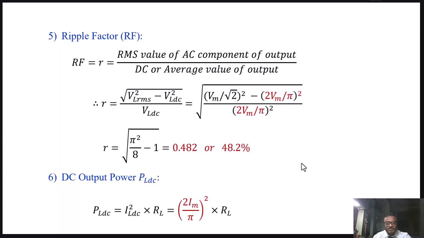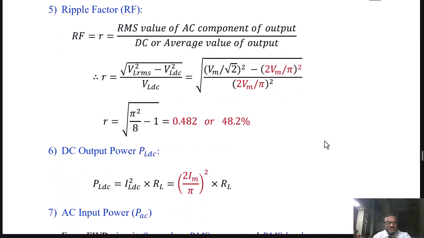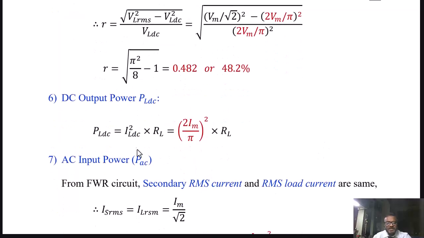Therefore, we have to estimate the output DC power and supplied AC power. In expression 6, we will estimate the output DC power as PLDC equal to ILDC square into RL. ILDC is already estimated in step 1 and that is twice Im by pi. Therefore, PLDC comes out to be (twice Im by pi) square into RL.